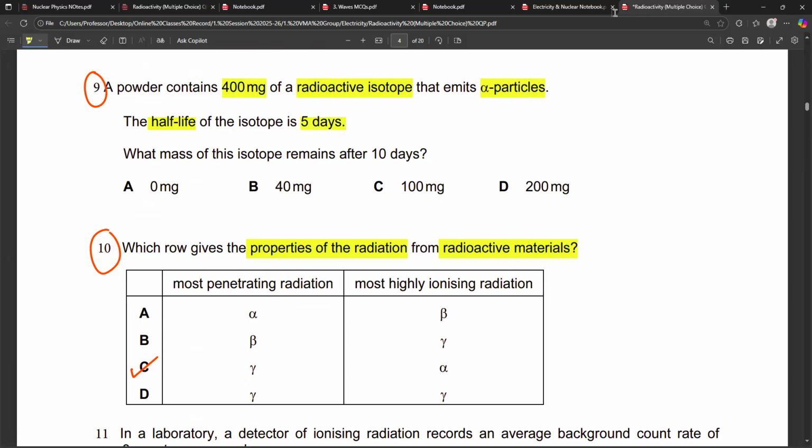So what mass of this isotope remains after 10 days? Starting from 400 mg of a radioactive isotope that emits alpha particles, and the half-life of the isotope is 5 days. What mass of the isotope remains after 10 days? Half-life is 5 days, right?